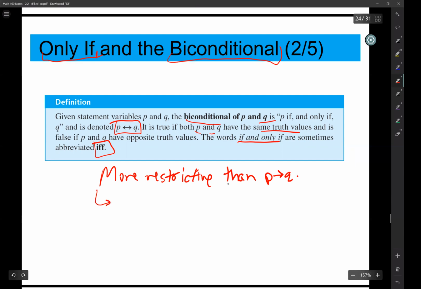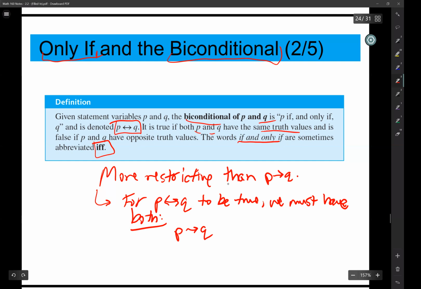So for P if and only if Q to be true, we must have both P implies Q being true and Q implying P being true. So it's a lot more restrictive. We need both of them to happen.